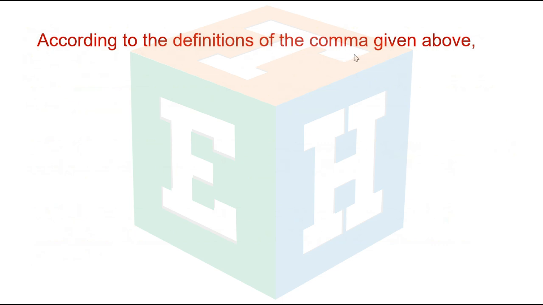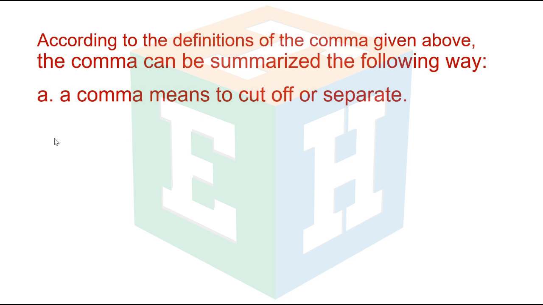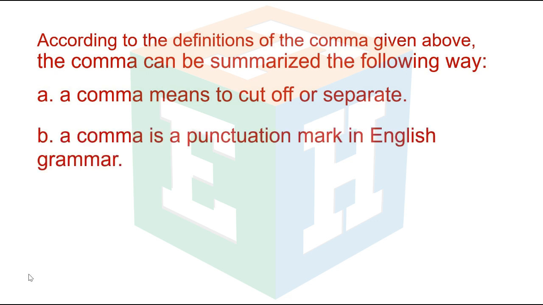According to the definitions of the comma given above, the comma can be summarized the following way. A, a comma means to cut off or separate. B, a comma is a punctuation mark in English grammar.